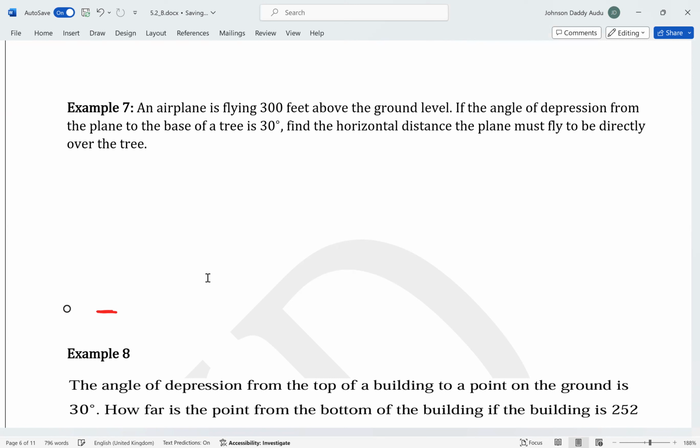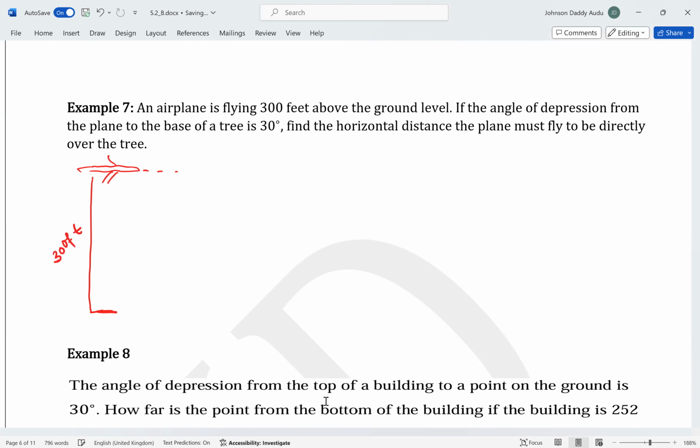This is the ground level. Now, 300 feet above the ground level means the distance between the ground level and the height. Let's say this is the plane here. The distance between the plane and the ground level is 300 feet.